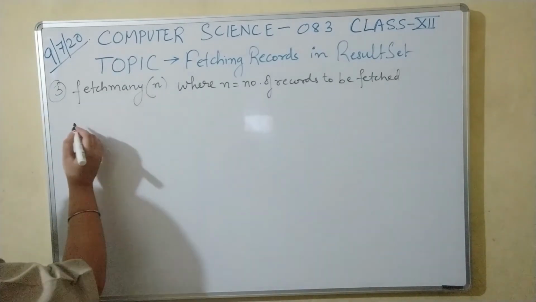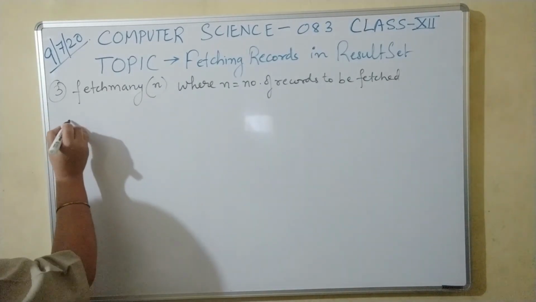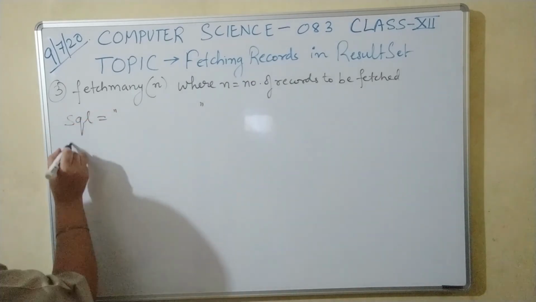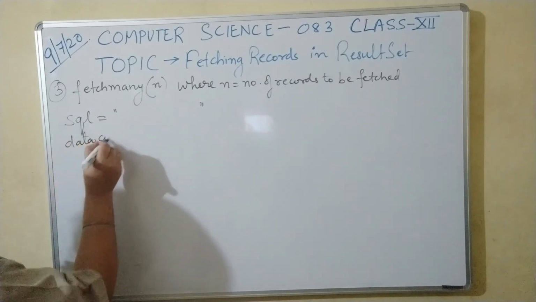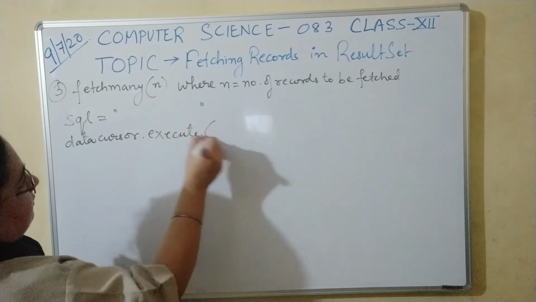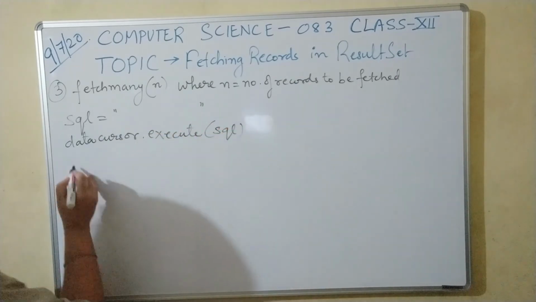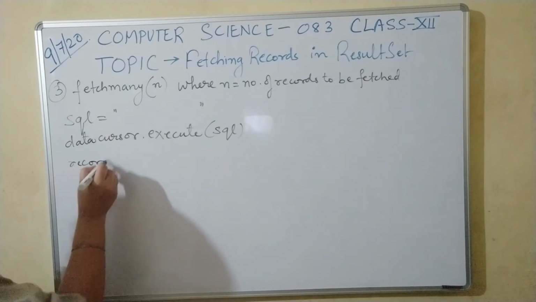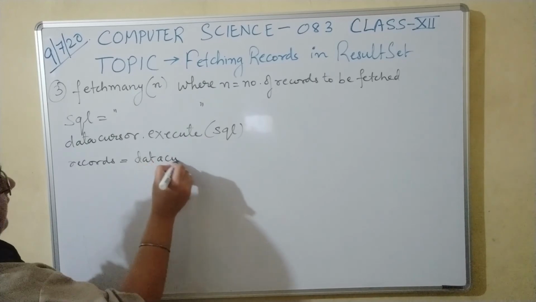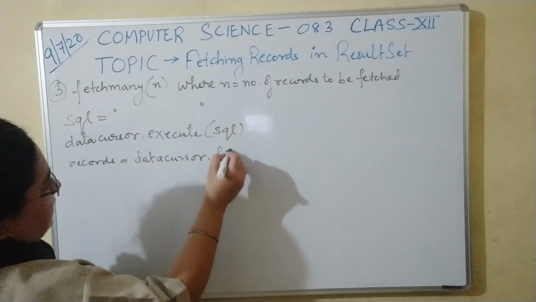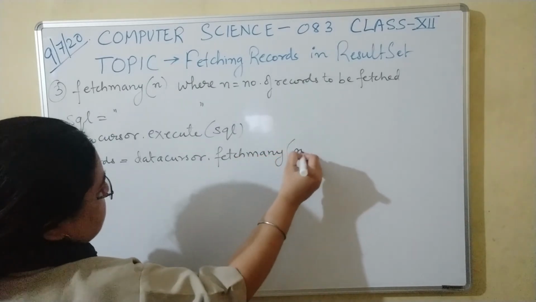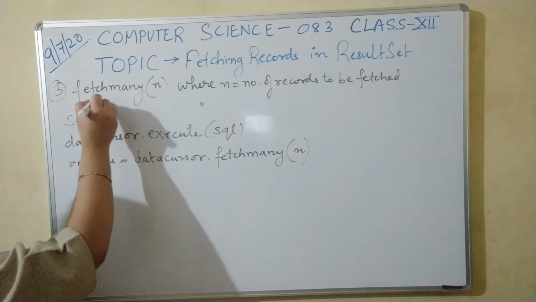So how are we going to do this? After SQL has been executed, you can provide here records equals data cursor dot fetchmany n, and you can ask for the value of n right in the beginning.